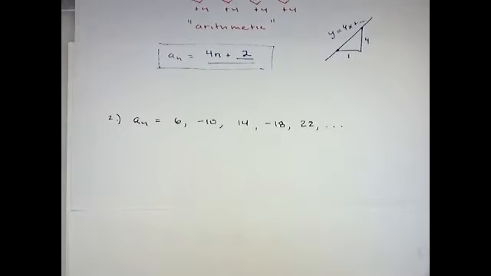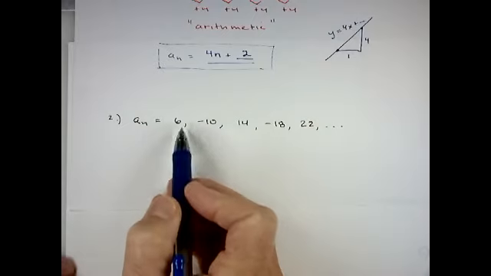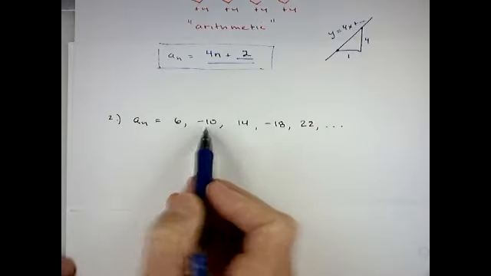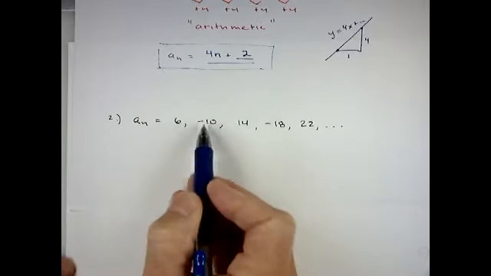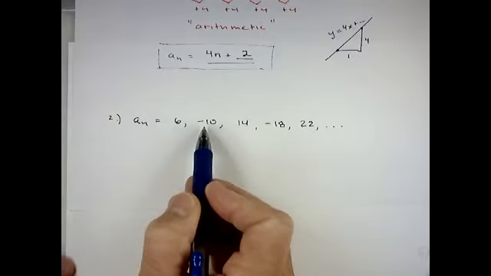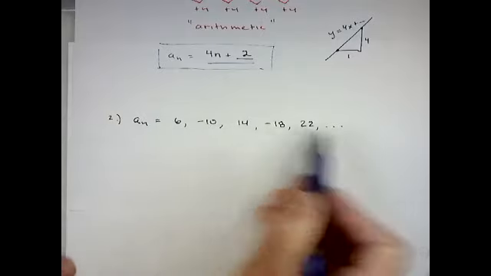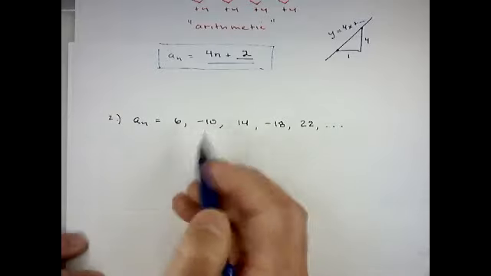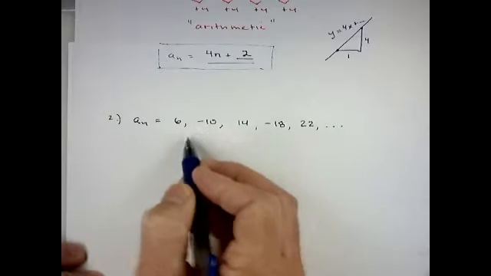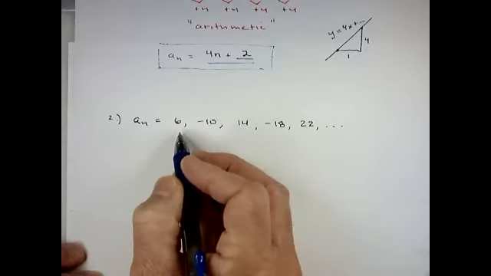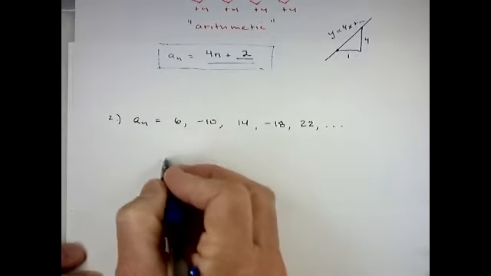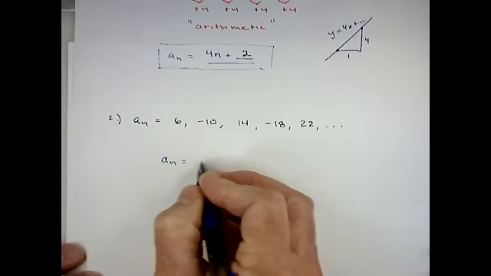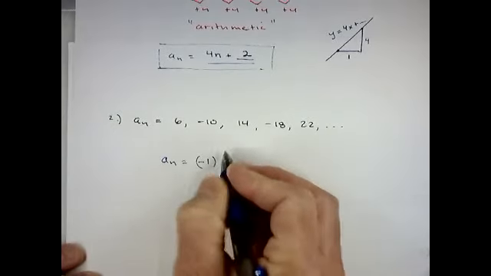Okay, my next example, notice it's the same numbers, but the terms are alternating between positive and negative, positive and negative, positive and negative. It's the same numbers, but it's alternating, and we've seen that before. One way to make a sequence alternate is to have a negative 1.